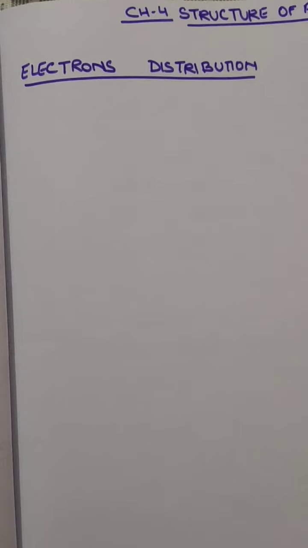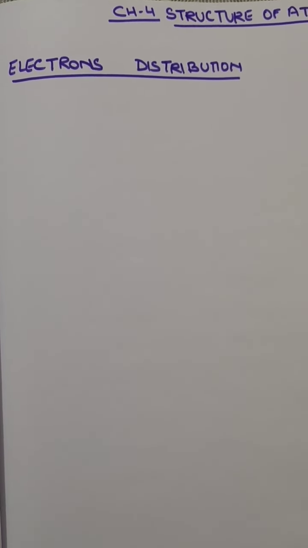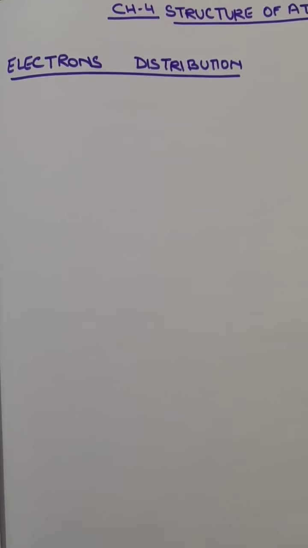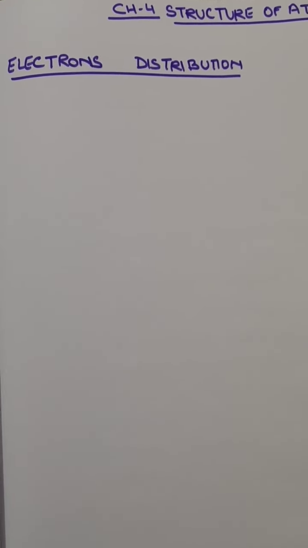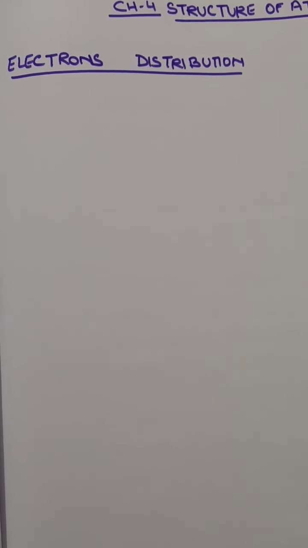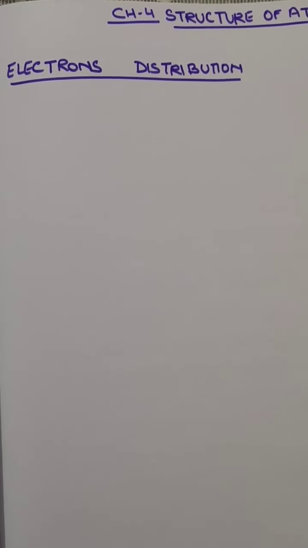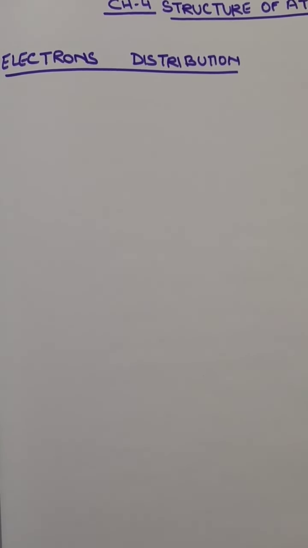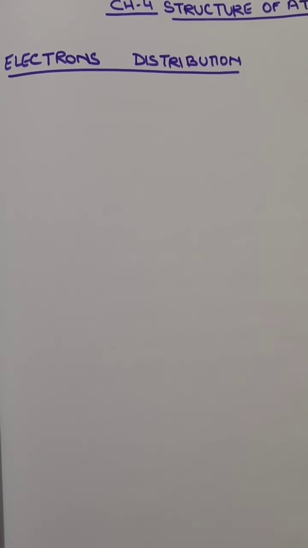The electrons in an atom are distributed in different orbits. That is, it has 4 energy shells, which are called the K, L, M and N shells. So in today's lecture video, we will be studying how the electrons are distributed in the structure of an atom, which was explained by Niels Bohr.